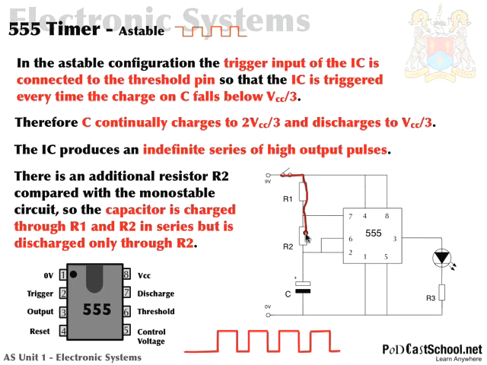For the capacitor to get charged, the current must flow through R1 and R2 in series, but it is only discharged through R2, because remember, the discharge pin is pin 7. So there'll be a different time for discharging and charging, and that's important because that allows us to set the mark to space ratio. I don't think I've mentioned that yet, but I'll show you what that is now.